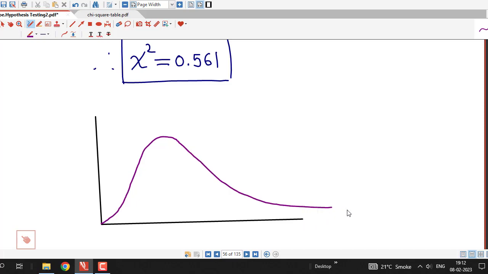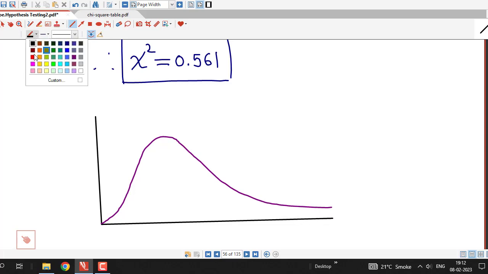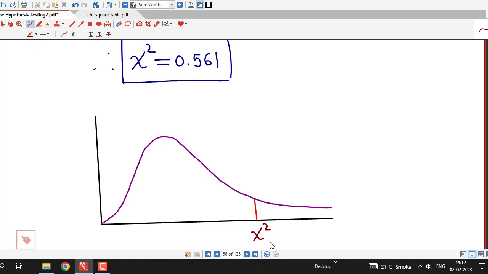It has a longer right tail, it is asymmetric, and suppose this point is our chi-square critical value at 0.05 level of significance, then this area is 0.05.